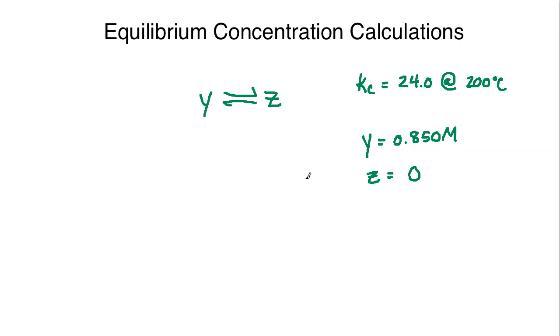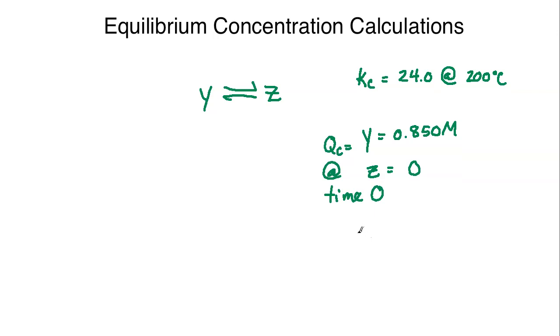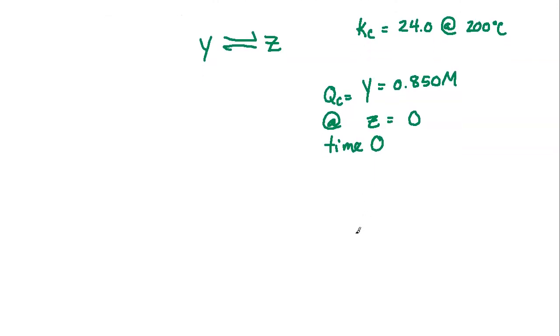So we allow the reaction to start, and the question then becomes, once this reaction hits equilibrium and Kc is achieved, what will be the concentration of Y and what will be the concentration of Z at that point? So what this right here is Qc at time 0, the very beginning of the reaction. And remember, the reaction quotient is the lead up to the actual state of equilibrium where we finally get the equilibrium constant.